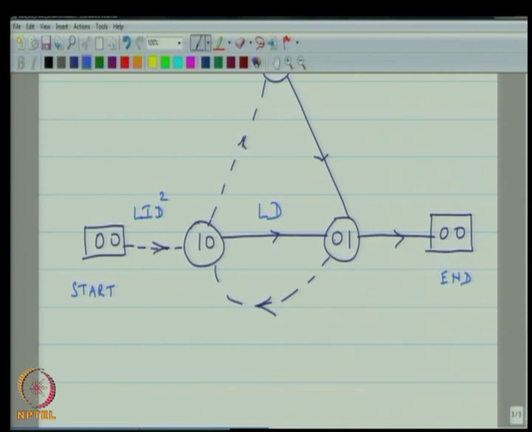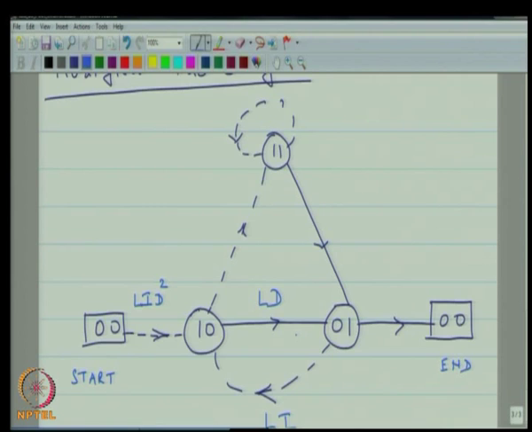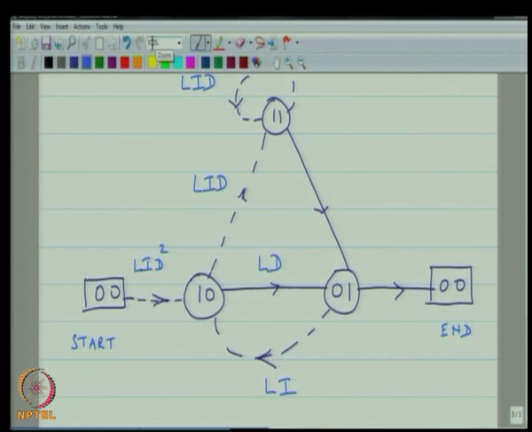From 0 1 back to 1 0 is LI. From 1 0 to 1 1 is LID. From 1 1 back to 1 1 is LID. From 1 1 to 0 1 is LD. And then from 0 1 back to the 0 0 state is L D squared.